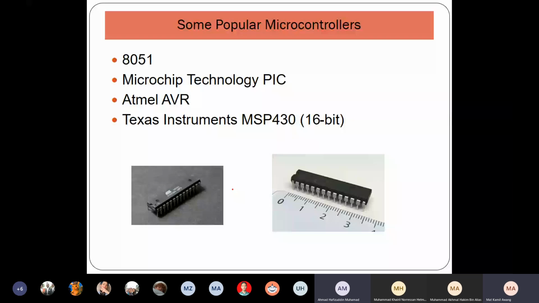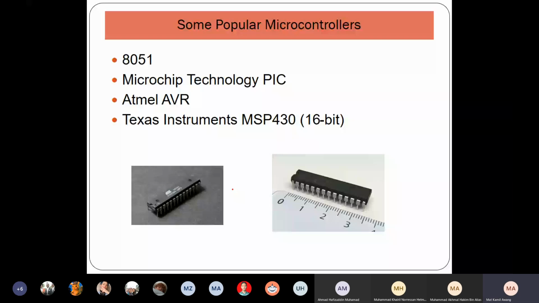Arduino is basically a microcontroller. So this is a Microchip Technology PIC, Bell, Texas Instruments MSP430.